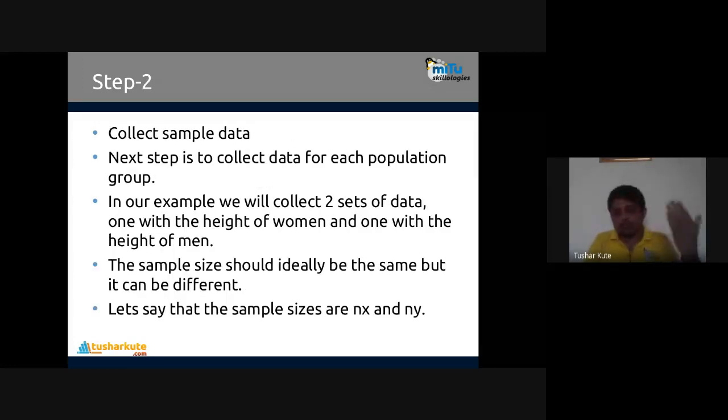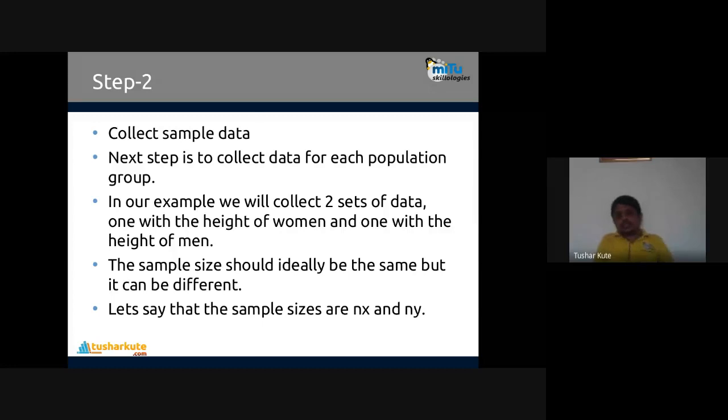Now step number 2 is what we call collecting the sample data. The next step is to collect the data for each population group. In this example, we'll collect two sets of data, one with the height of women and second with the height of men. The sample size would ideally be the same, but it can be different also.